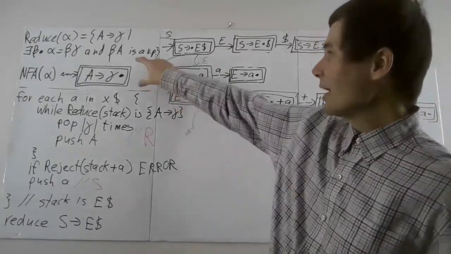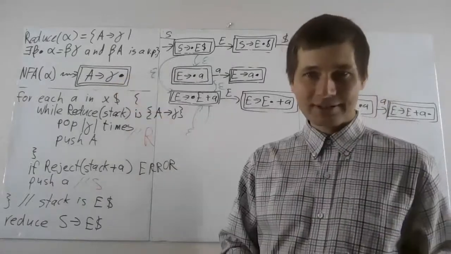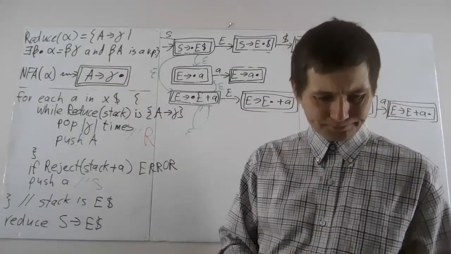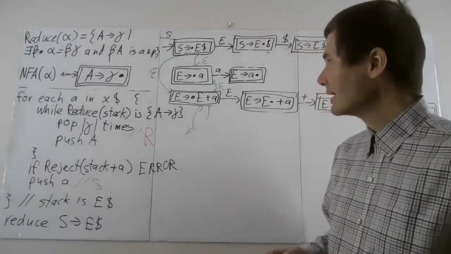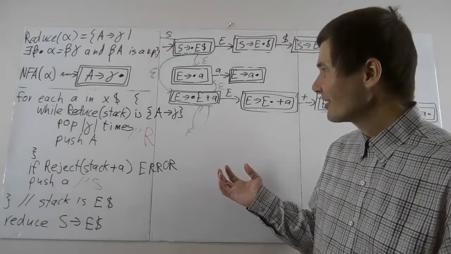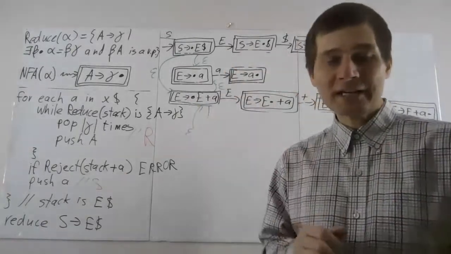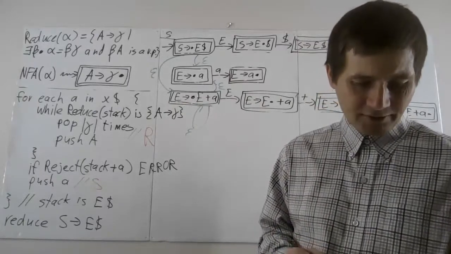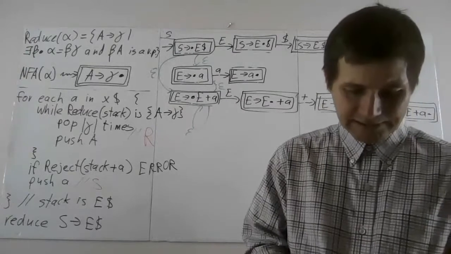Okay, so we want to reduce if our NFA takes us to one of these states. All right, so we have this NFA, and remember that an NFA can be in lots of states at the same time.